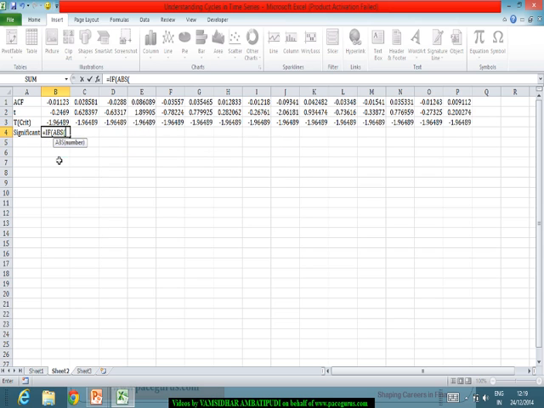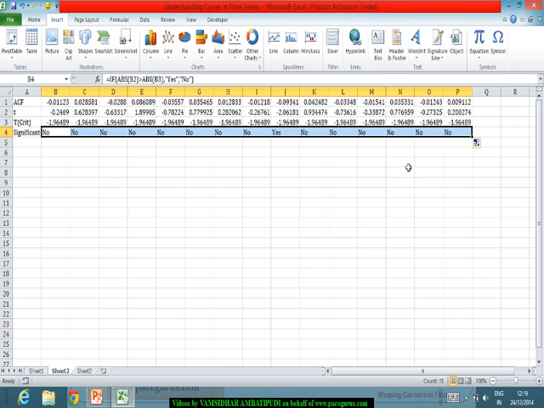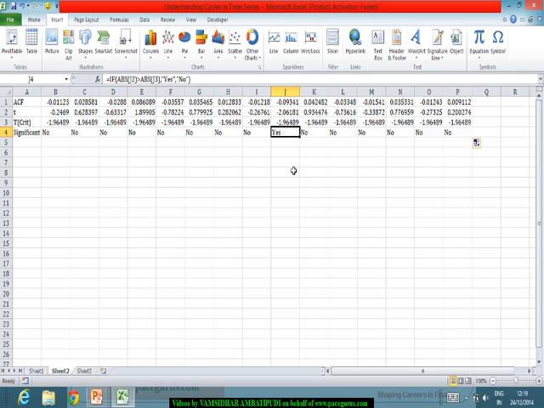If the absolute value of this is greater than the absolute value of this, I say significance yes, otherwise I'll say no. So going with this, this part is insignificant, this part is insignificant, only one of them is looking slightly significant, and that too at the 5% level of significance.